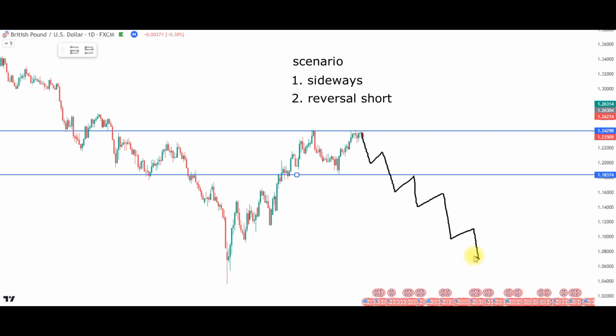In that case, we catch a big long runner, a big movement, so it's a perfect entry for a short trade here as well. Case 3, the market bounces off this level, but then the bulls take over again and then continue the upwards trend direction.